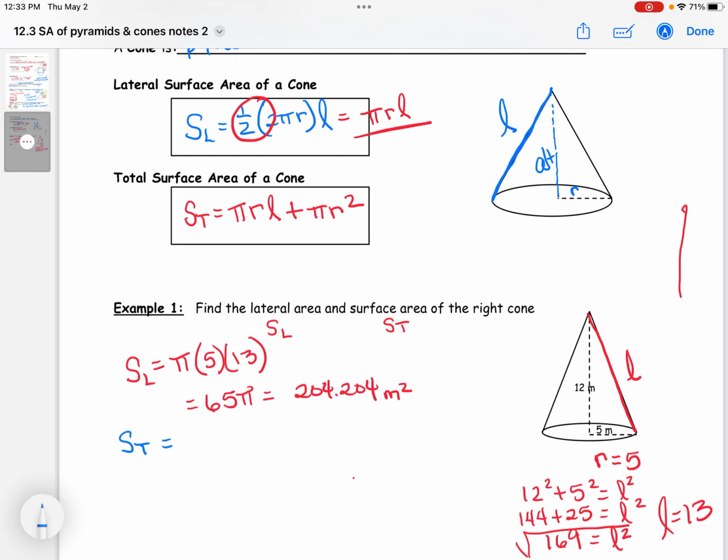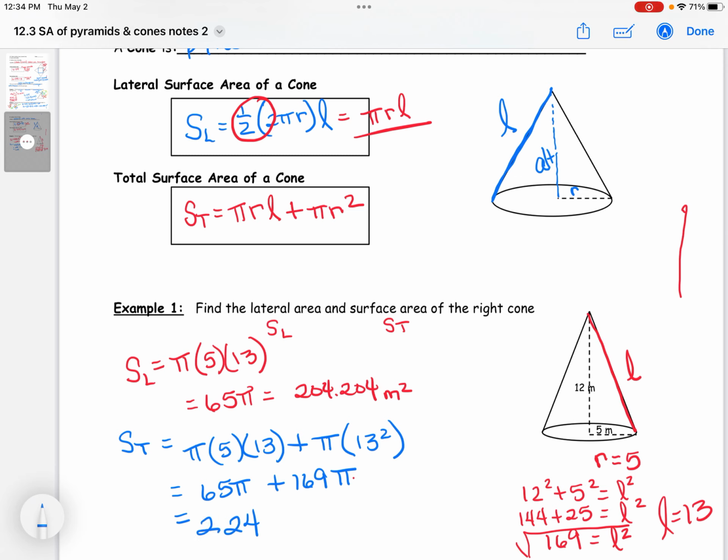Okay, total surface area is pi 5 13 plus pi 13 squared. So that is 65 pi plus 169 pi, and I can add those together and I get 224 pi, which is equal to, oh, I put the wrong thing in there.